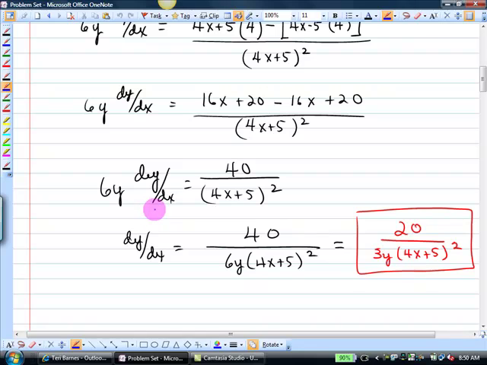If I'm solving for dy/dx, I'm just going to get rid of 6y. And when you divide it over here, it just goes on the bottom. What happened between here and here? Divide by 2 on the bottom and the top. 20 there, 3y there.